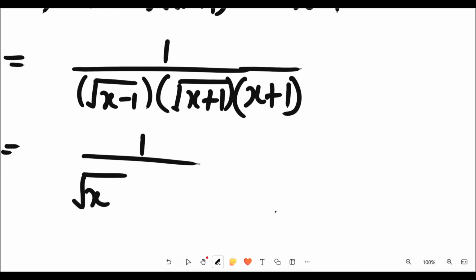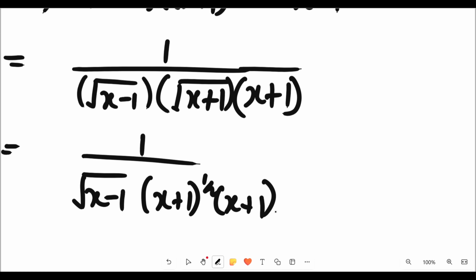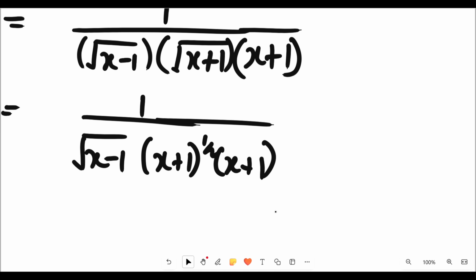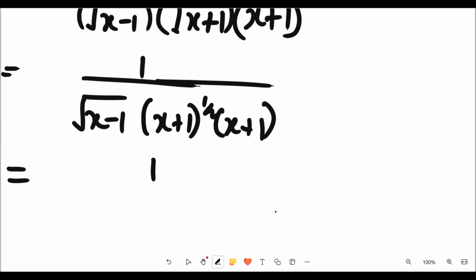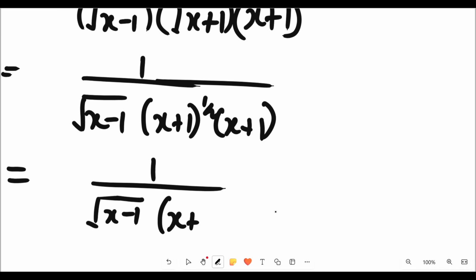But if you want to continue to express it, because we have square root of x plus 1 multiplying x plus 1, we maintain our square root of x minus 1. Then we have square root of x plus 1 to be the same as x plus 1 exponent half multiplying x plus 1. So since they have a common base, you can add their exponent. So we are going to get 1 divided by square root of x minus 1, then times x plus 1 having, so here is a power 1.